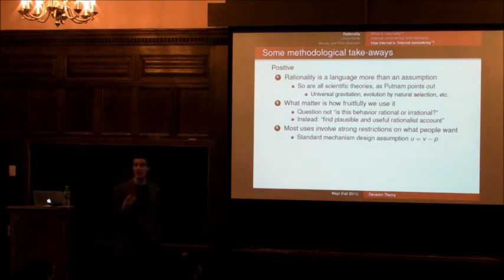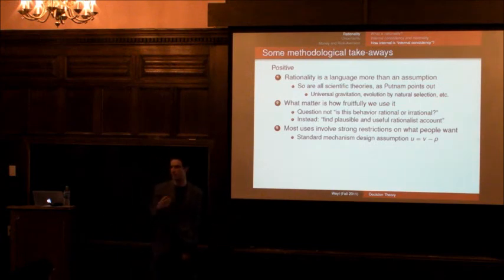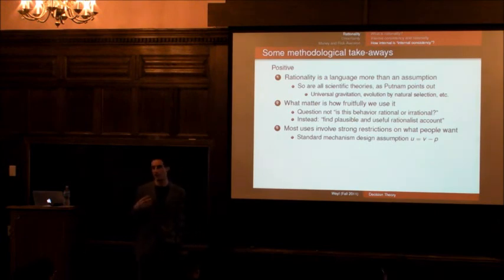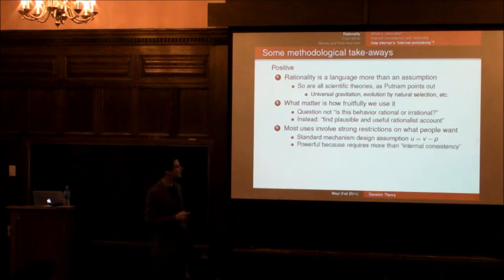And the truth is, it's just not very useful to say that's a restrictive thing, that's not implied by rationality. It's only really useful if you can propose an alternative hypothesis of how people behave that will allow you to do something. Because literally just saying, well, all we can impose is rationality, by definition, says zero, as I just pointed out. It literally says nothing. This assumption is only powerful because it does more than internal consistency of choice.